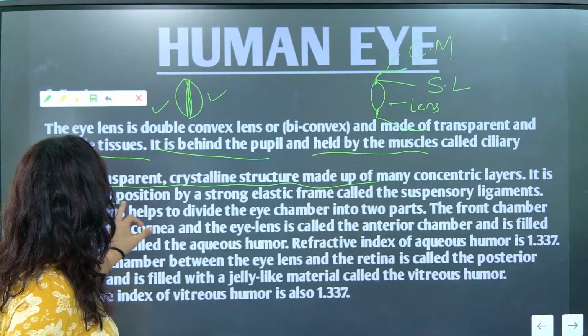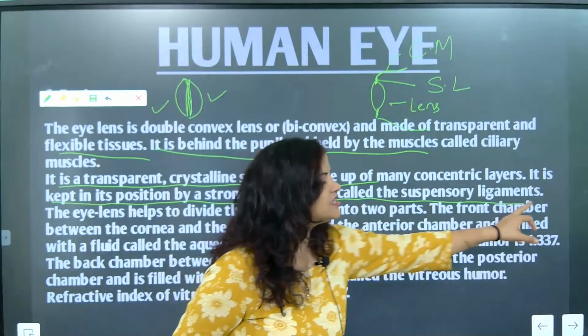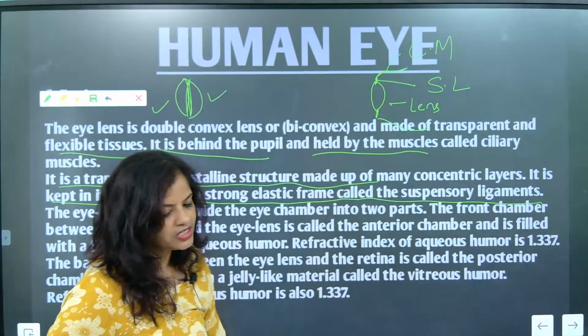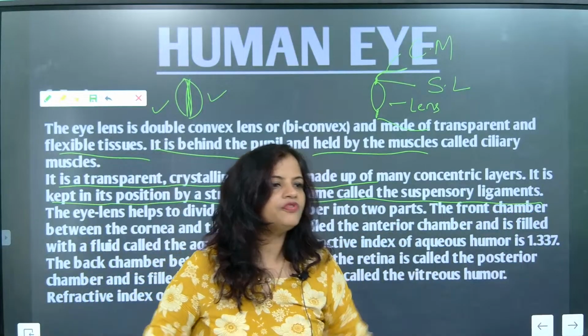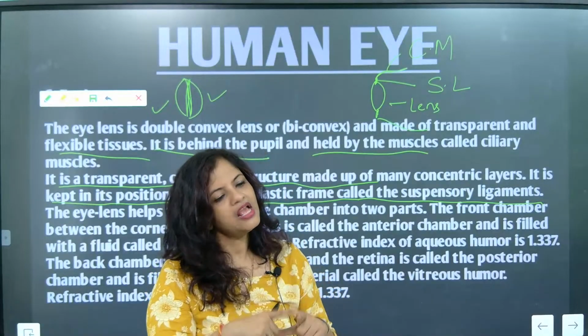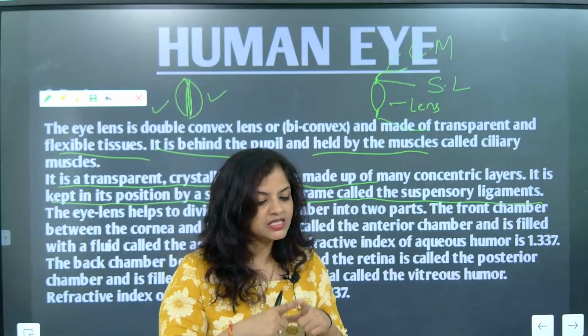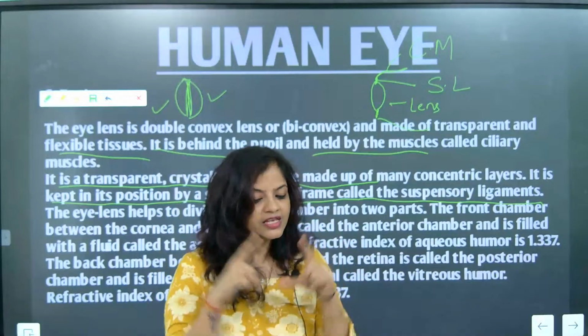It is kept in its position by a strong elastic frame called the suspensory ligament. So what is the strong elastic frame holding the lens? Suspensory ligament. And the suspensory ligament is connected to whom? Ciliary muscles.